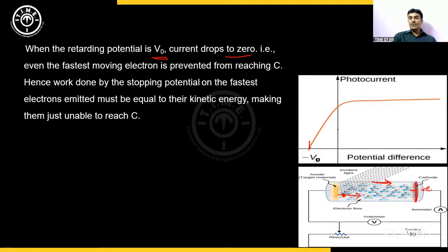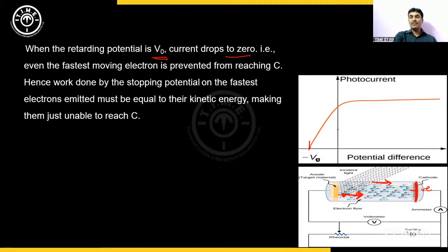So when this electron with high kinetic energy is stopped, there is a change in kinetic energy. From the work energy theorem, we know change in kinetic energy is equal to work done. So work done by this negative potential will become equal to the change in kinetic energy of the fast moving electron.